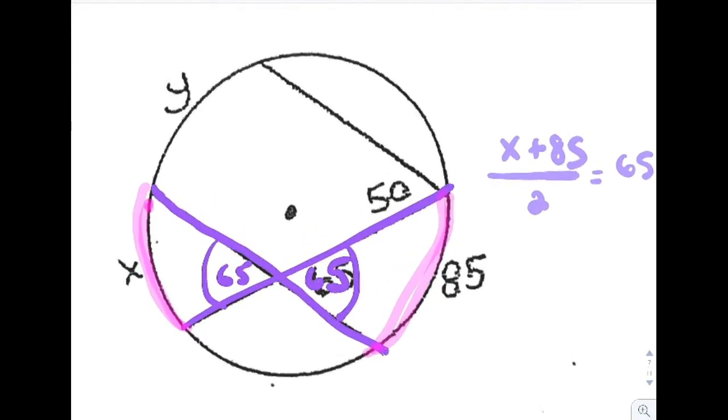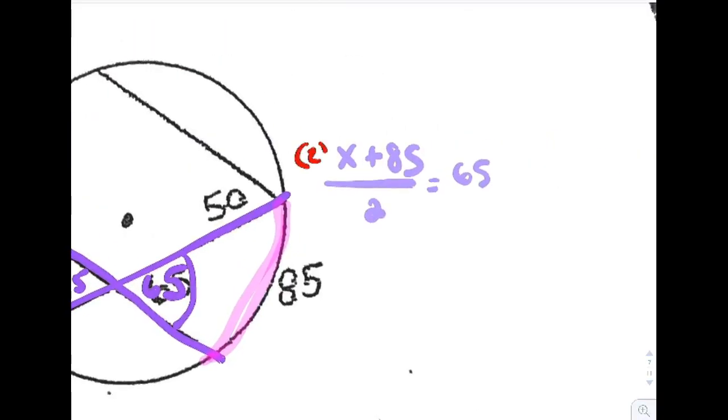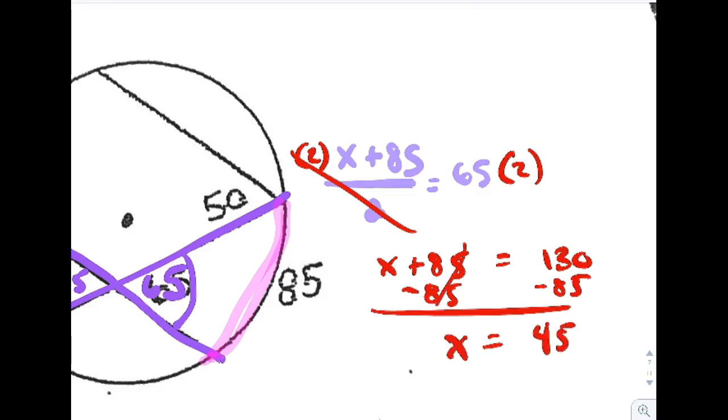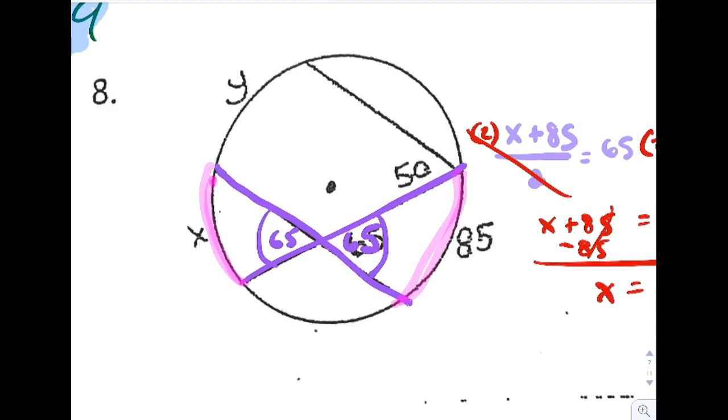Alright, so I'm going to solve this algebraically by clearing the 2. And I have x plus 85 equals 130. Subtract 85 from both sides. And I have 45 degrees for this arc out here.